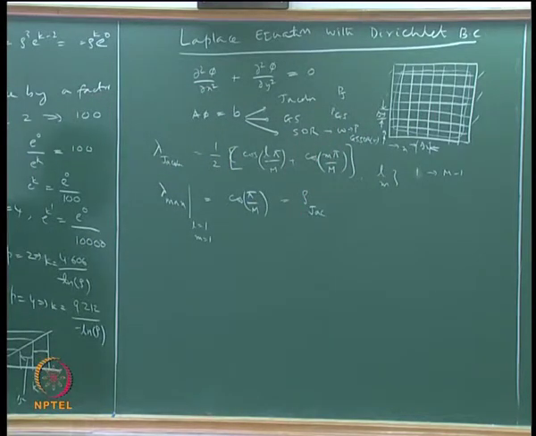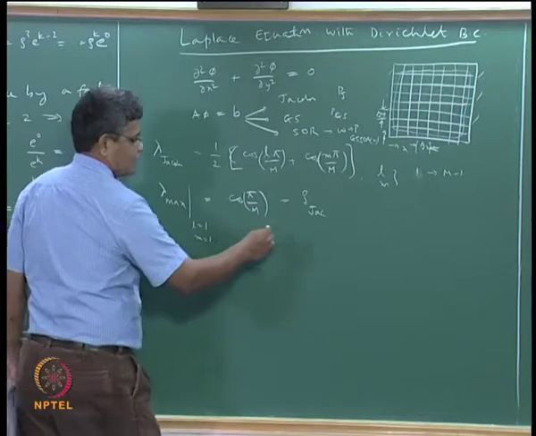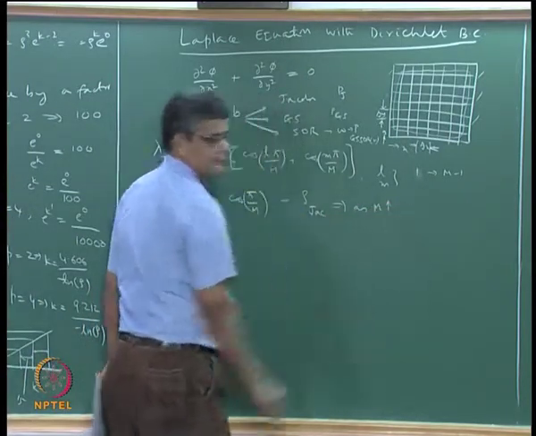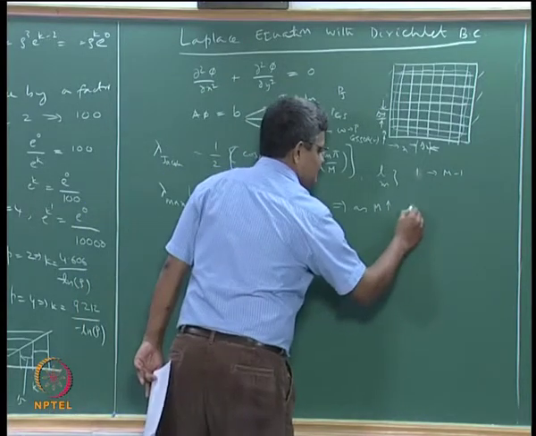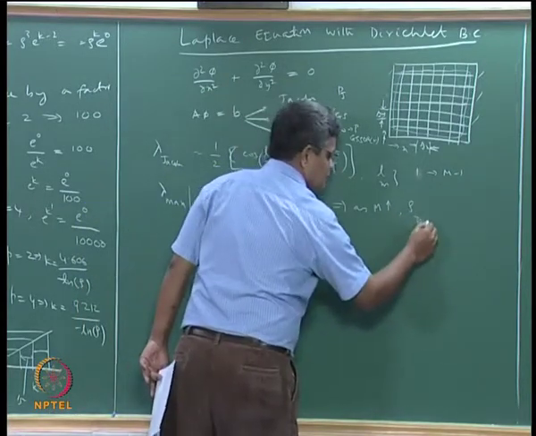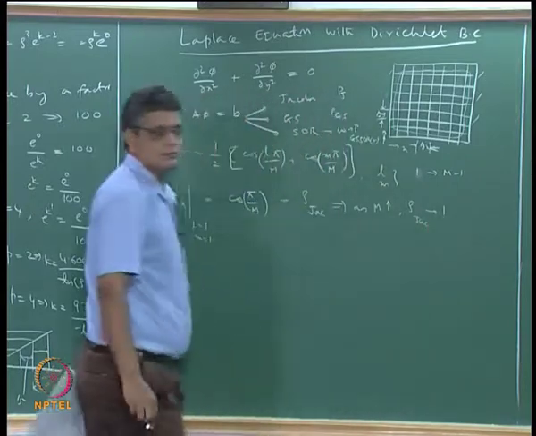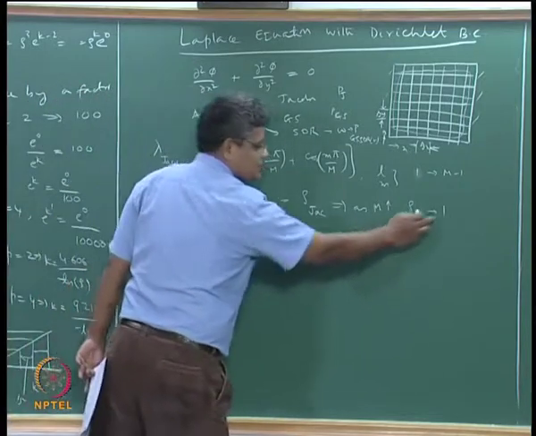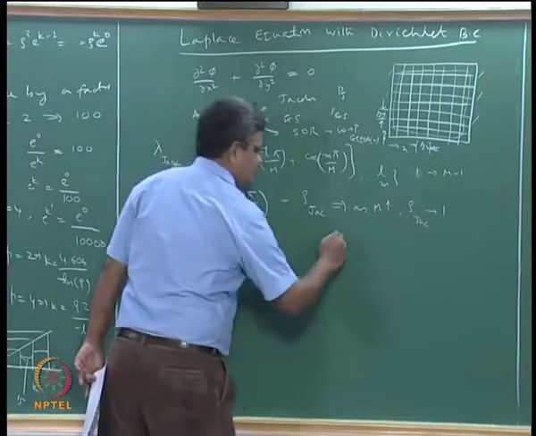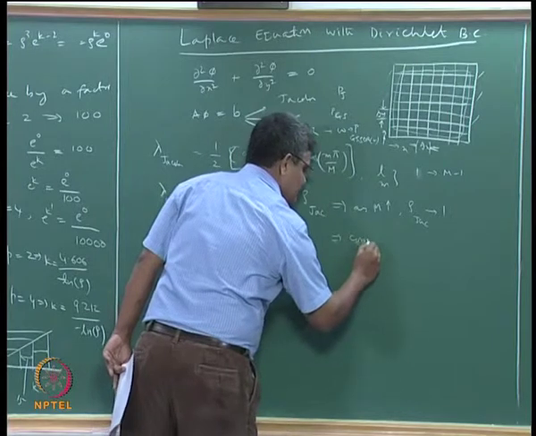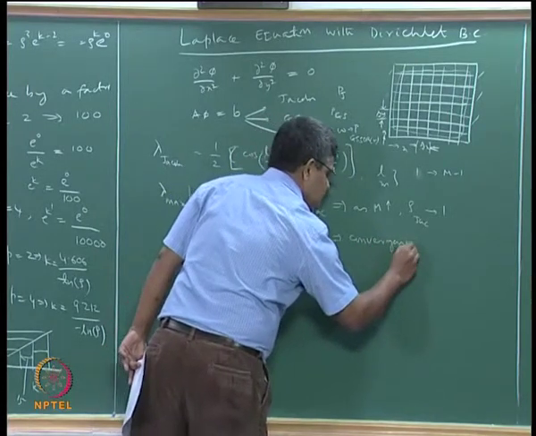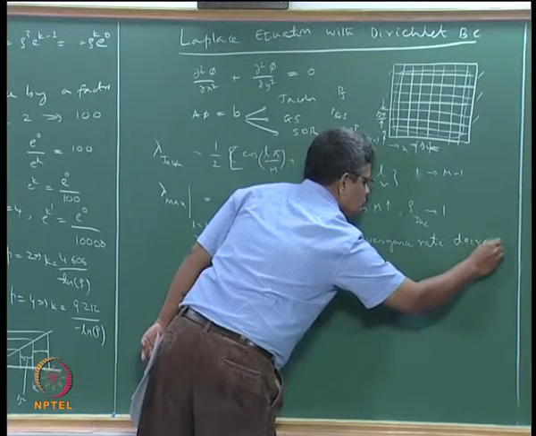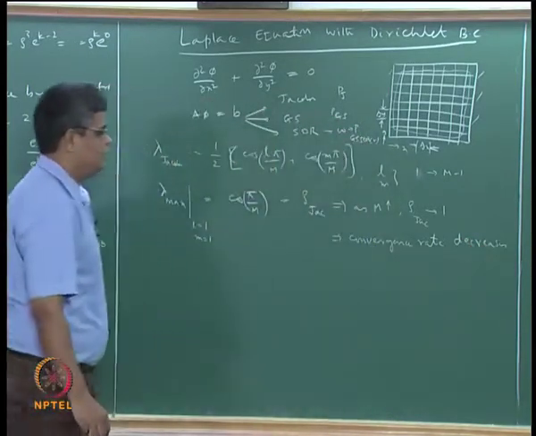And what we see is that, as we can see from here, as M increases, the spectral radius for the Jacobi method approaches 1. Okay, and as the spectral radius approaches 1, the convergence rate decreases. Why?